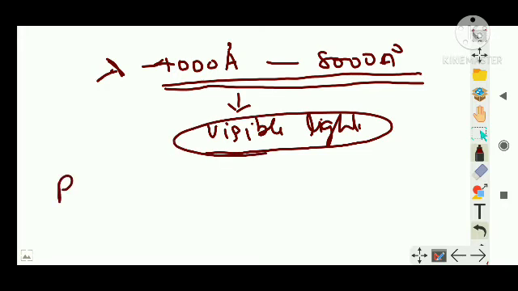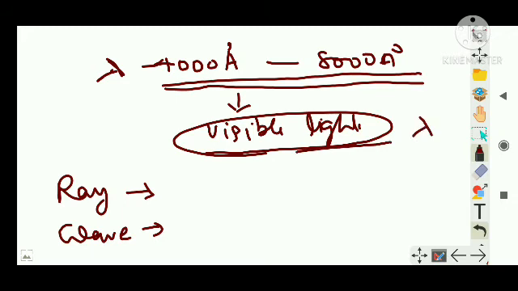So if anybody asks you what is ray optics, and the other is wave optics, what is the difference between them? In ray optics, when you consider the visible light's wavelength, the object or the body which you are going to see or study has a size greater than the wavelength of visible light.